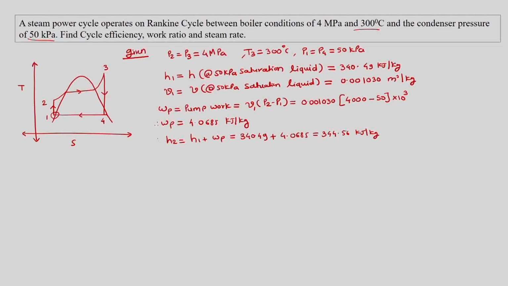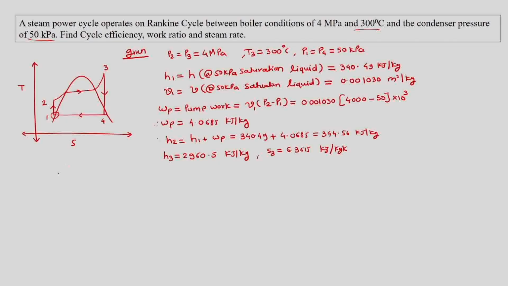So we will obviously go to the superheated part in the present case, and then we will find out what is H3 from the steam table, and H3 from the steam table is 2960.5 kilojoule per kg. But here we would also mention S3, which is entropy at 3, and this is 6.3615 kilojoule per kg Kelvin. This is our entropy at station 3.